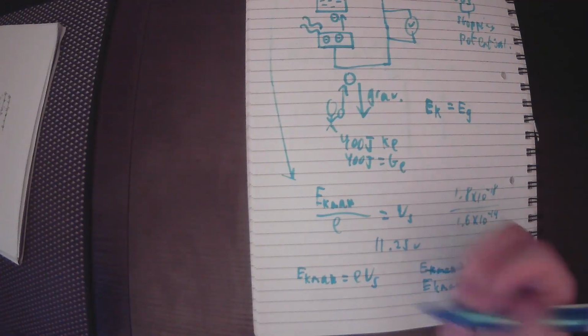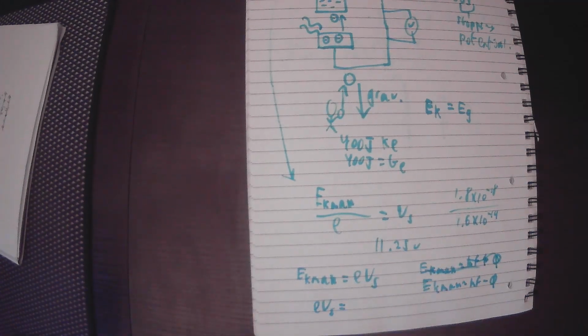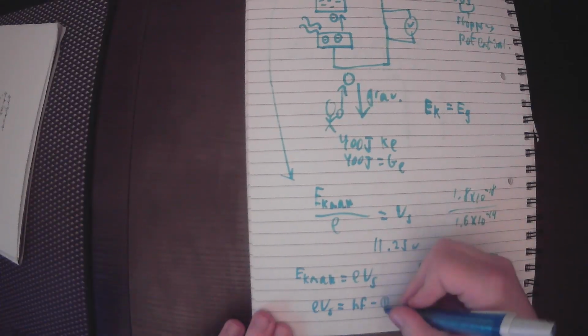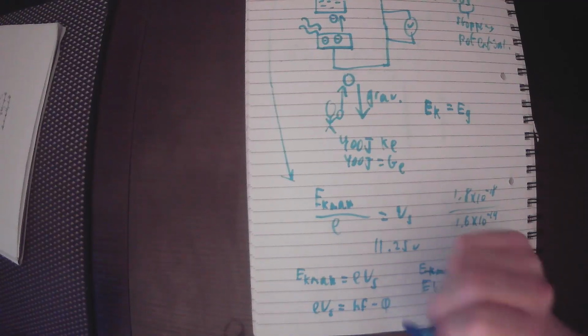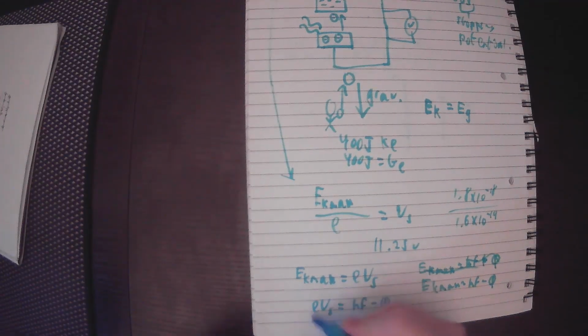And this therefore implies that EVS, so the charge of an electron multiplied by the stopping potential, is equal to hf minus phi, so Planck's constant multiplied by frequency minus the work function of the metal. So therefore you can solve and find the stopping potential or the work function or any of these variables. Obviously, E and h are not variables, they are constants. You can solve for stopping potential, frequency, or work function using this equation.